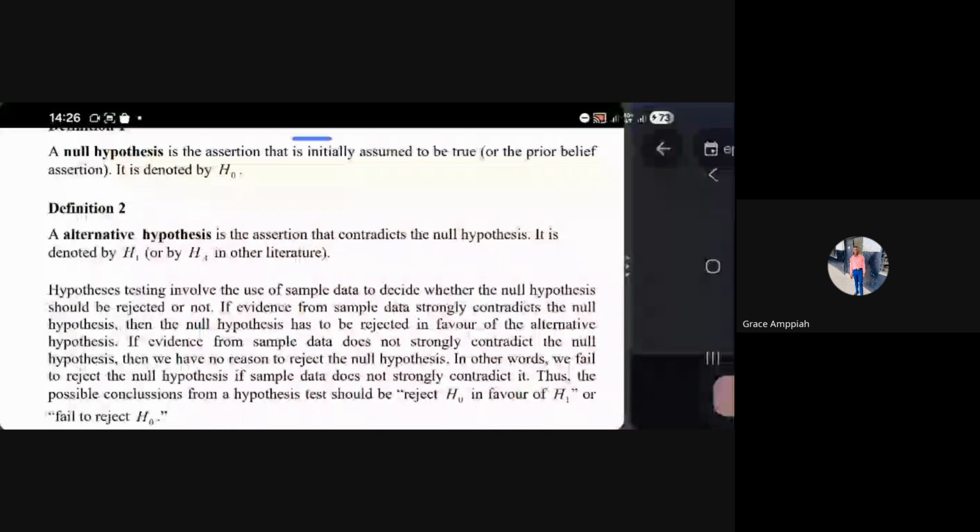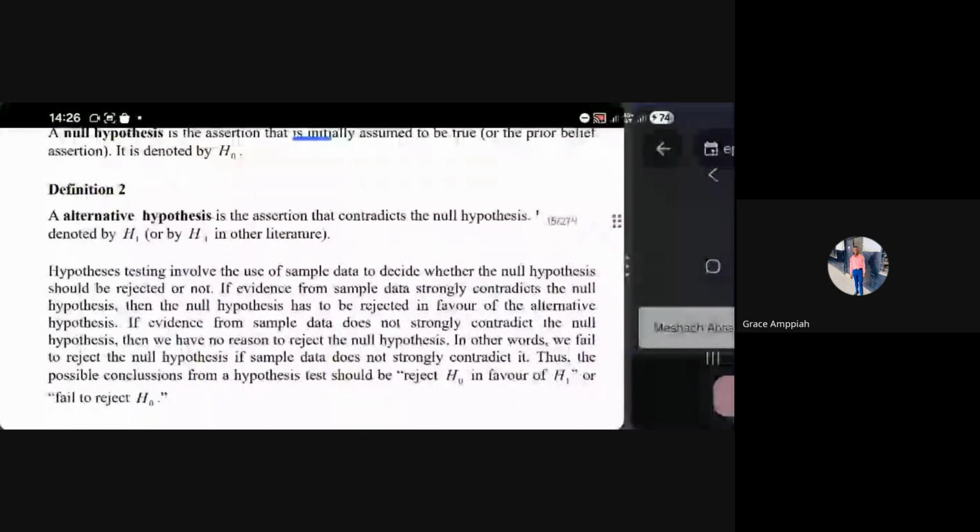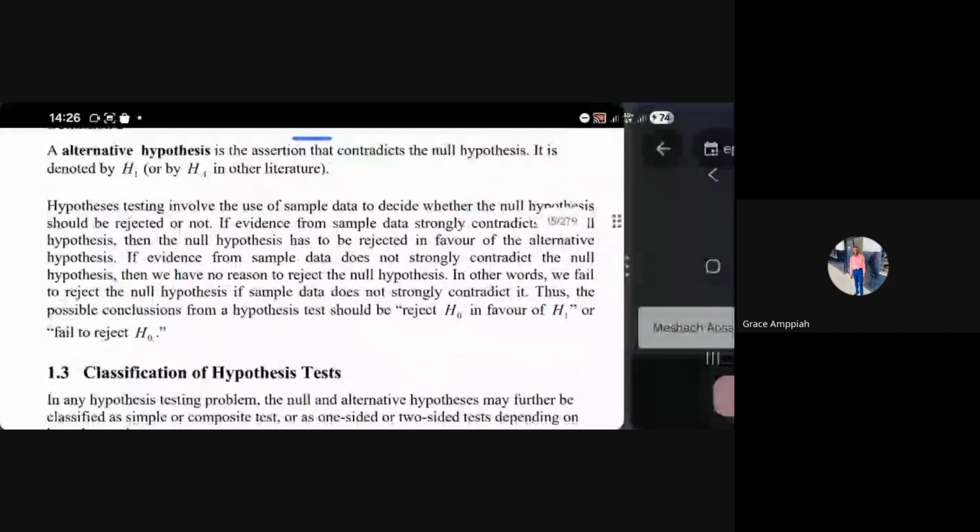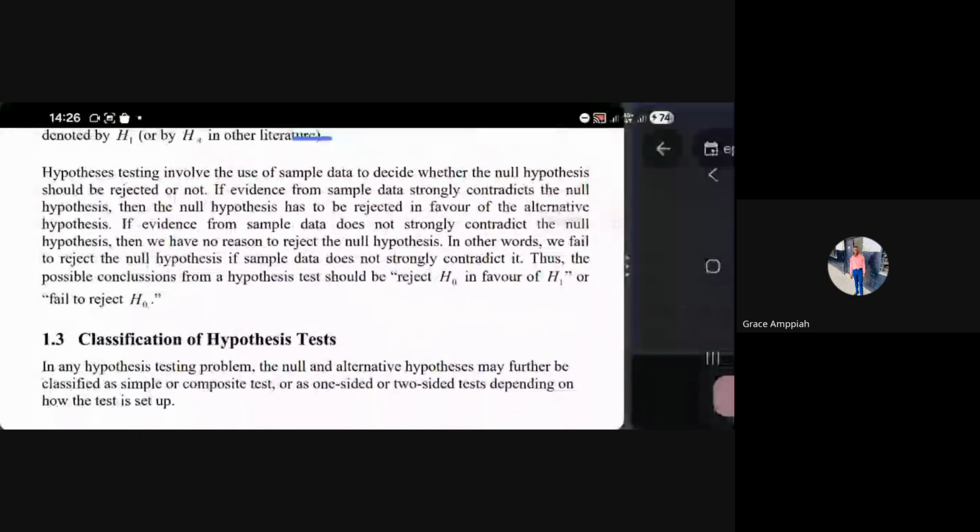So mostly the null hypothesis is what we call the researcher's hypothesis. So I, as a researcher, this is what I think. Then the alternate hypothesis comes in to contradict what the null hypothesis said. So we are told that hypothesis testing involves the use of sample data to decide whether the null hypothesis should be rejected or not. Please take note of this.